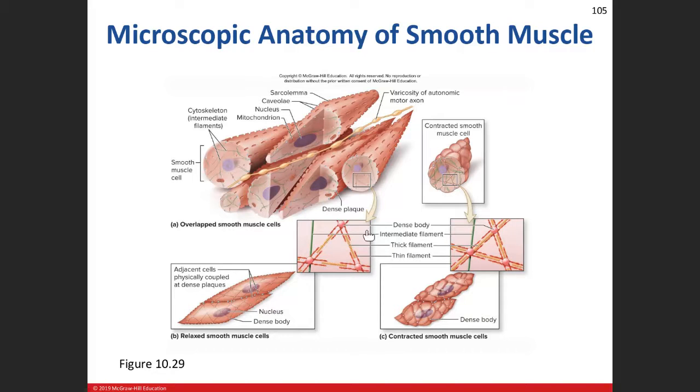We don't have our sarcomeres, but we have these structures here, which we call dense plaques. When we're in our relaxed muscle, you still have your actin and your myosin. Here's your myosin, your thick filament, and then you've got your actin molecules on either side.